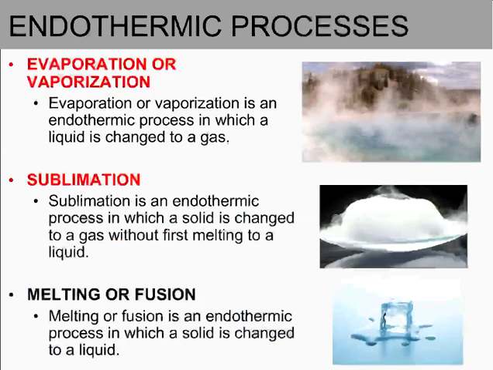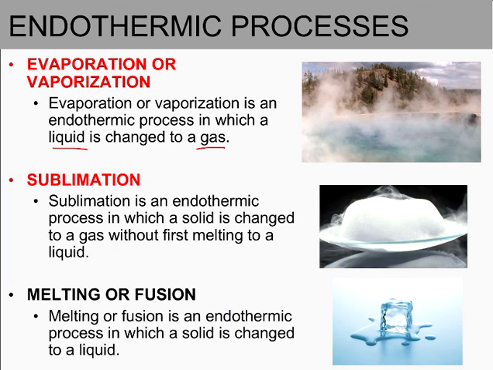All right, so just a little more detail and some nice figures here. Again, for the endothermic processes, evaporation or vaporization is an endothermic process in which a liquid is changed to a gas. So off on the right, you can see a picture of a warm lake or body of water that's releasing some steam or vapor there.